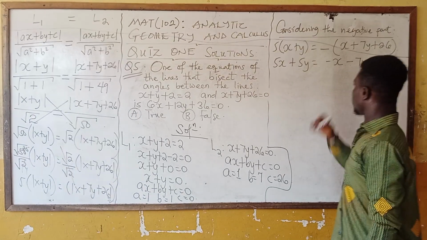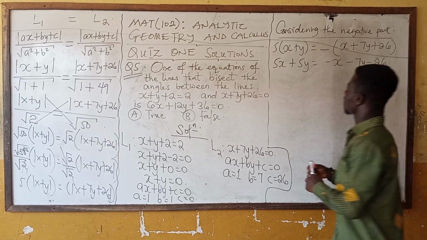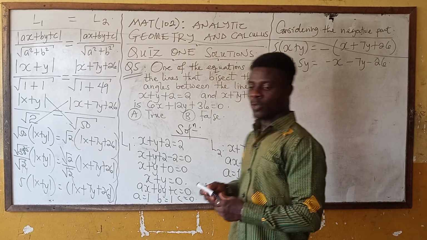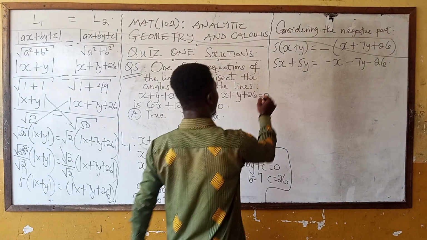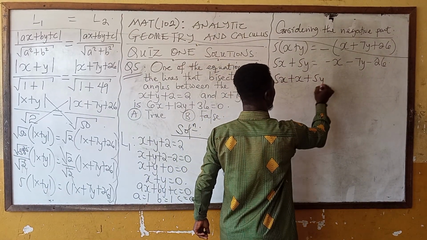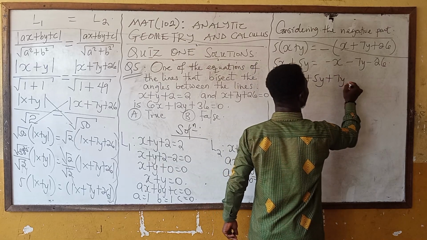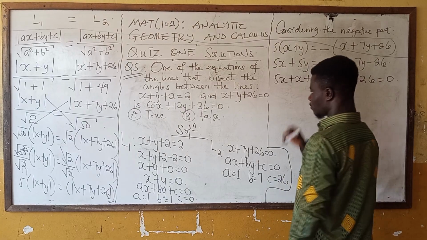Right. So now we can group like terms. So let's send all these 3 terms to the left hand side of the equation. So we can obtain, all right, 5x plus x plus 5y plus 7y plus 26 equals 0.